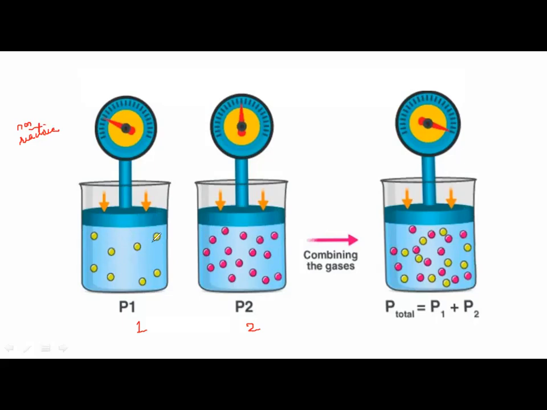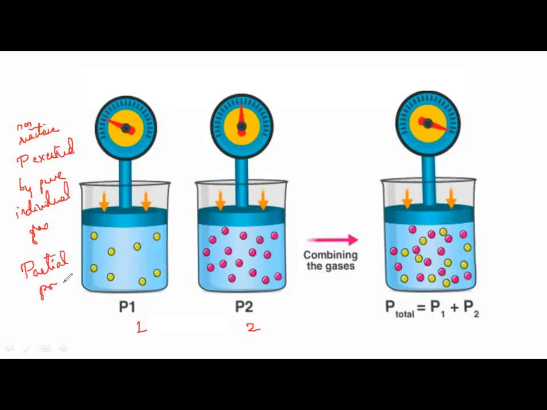The pressure exerted by an individual pure gas is known as partial pressure.